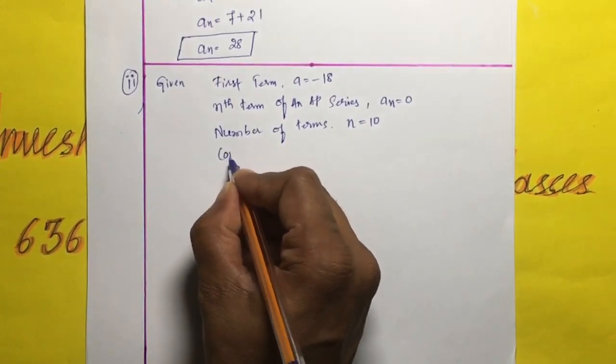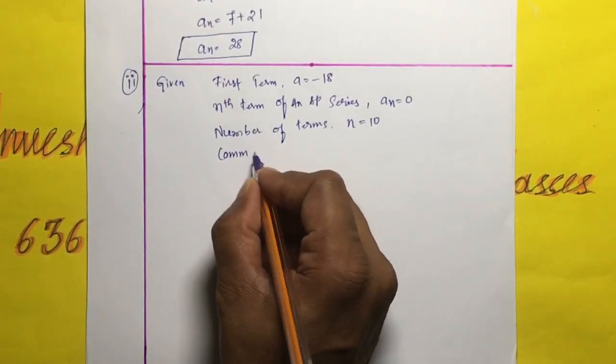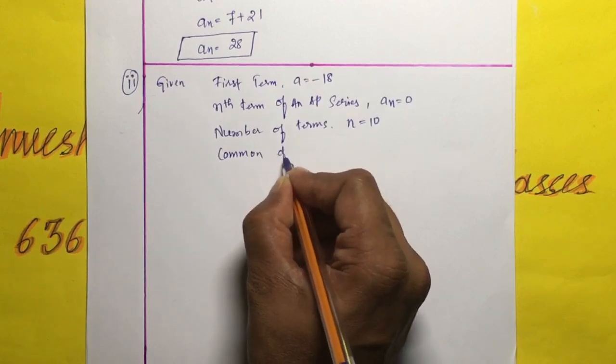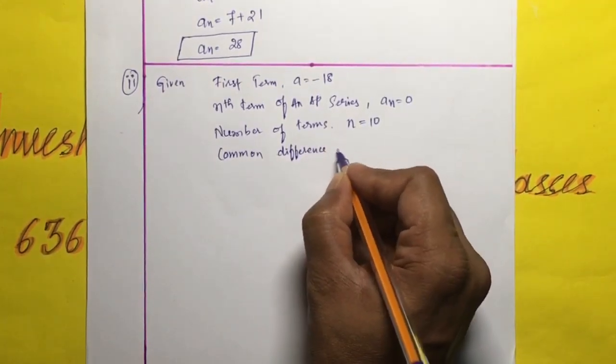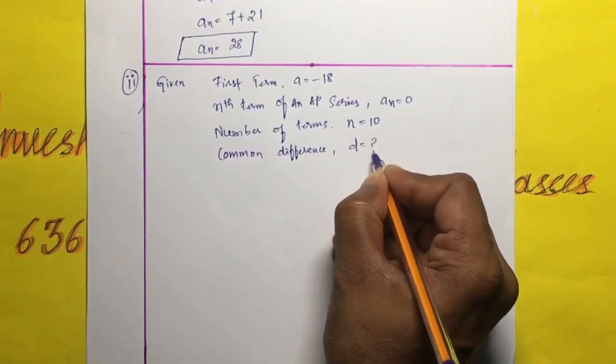So we have to calculate the common difference. d is equal to what?